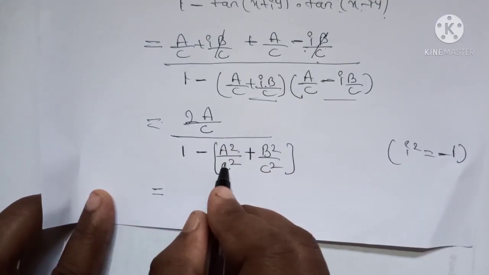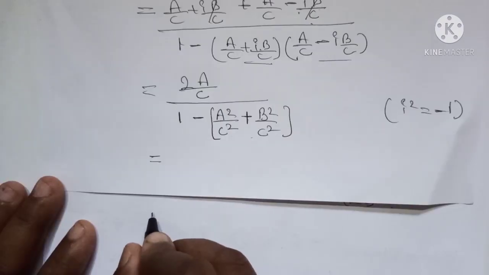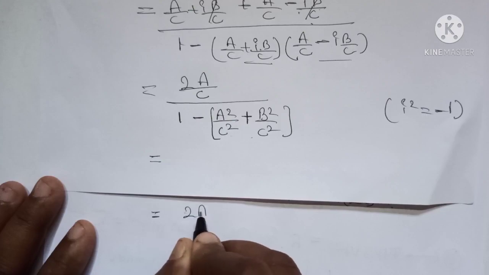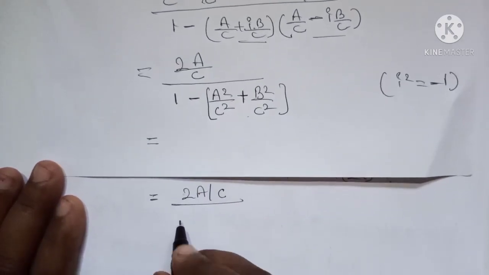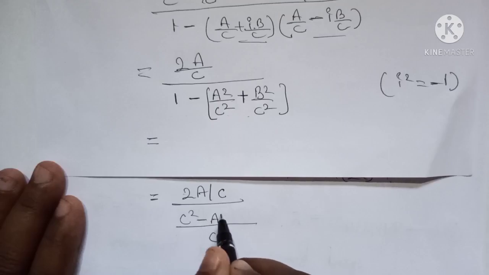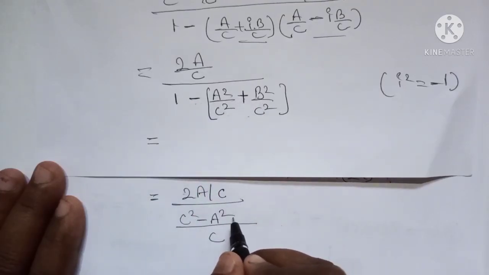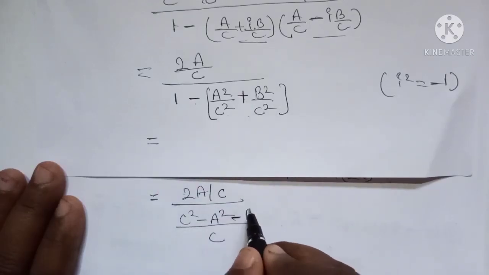Now we take c² as the LCM in the denominator. So numerator as it is, 2a/c, and in the denominator c² minus a² minus b².